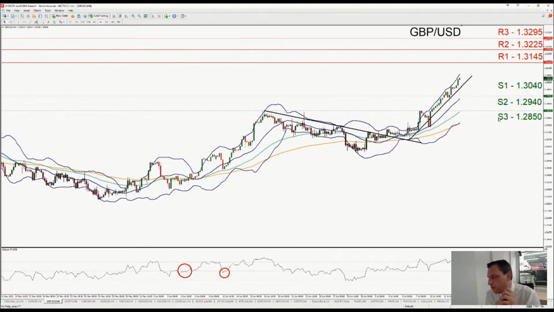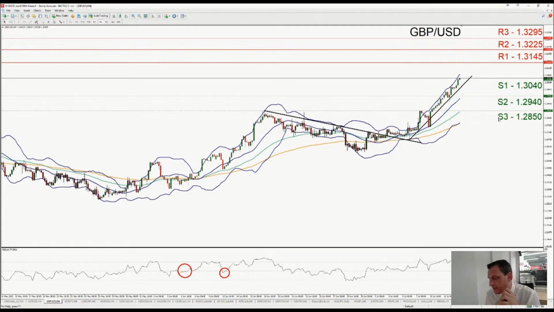For the time being, though, on a technical level, we tend to maintain the view that the upward momentum for GBP/USD is being maintained. I would expect the pair to continue higher, aiming for the 1.3145, and that's practically due to two elements of the chart. The first would be the clear upward trend line guiding it.